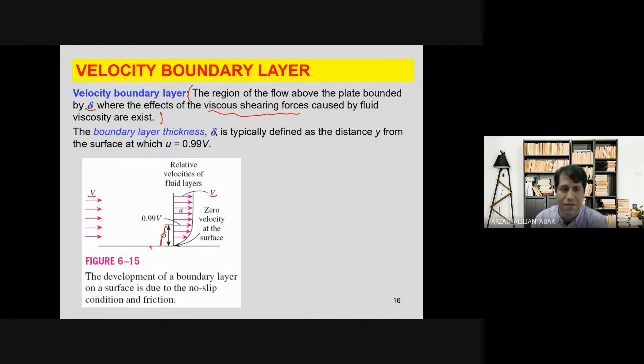And this delta, or boundary layer thickness, is typically defined as the distance y from the surface at which the velocity becomes equal to 0.99 V. V is the initial velocity. U is the relative velocity of that fluid layer.